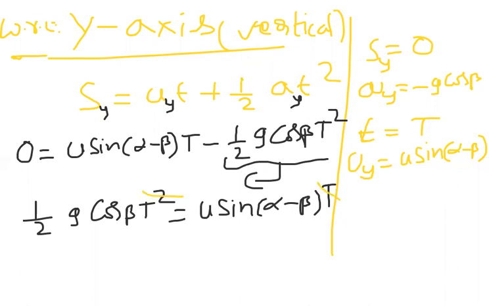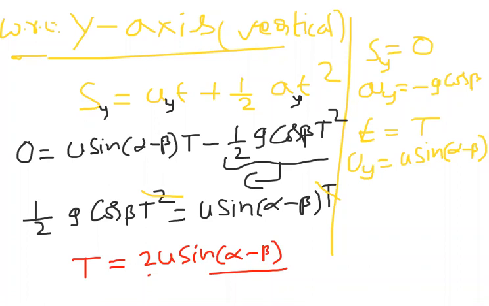Now can you give me the information about time? Time of flight I can write as 2u sine of alpha minus beta by g cos beta.